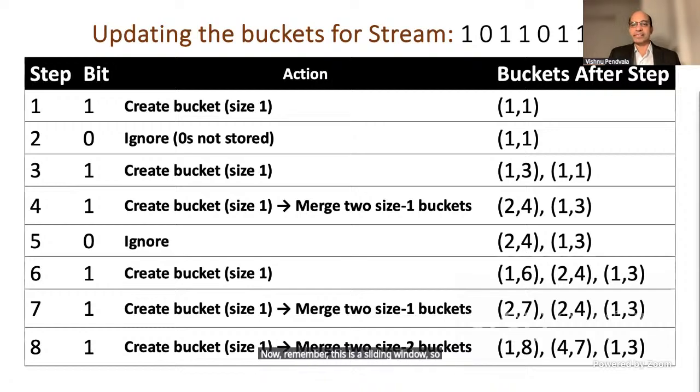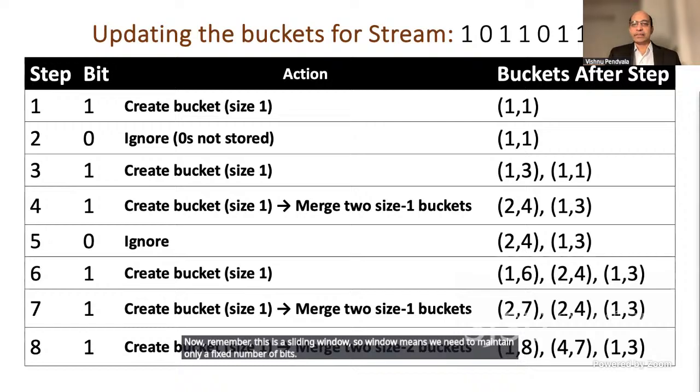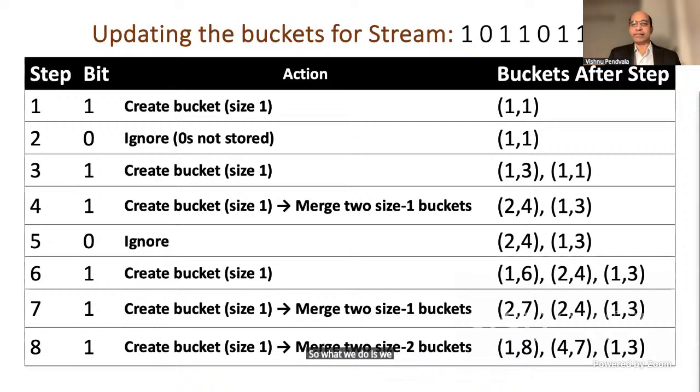So window means we need to maintain only a fixed number of bits. So we check the rightmost, that means the oldest bucket. And if its timestamp has reached the current timestamp minus n, then this bucket no longer has any of its ones in the window. So we just drop it from the list of buckets.